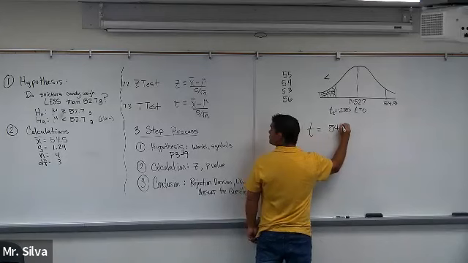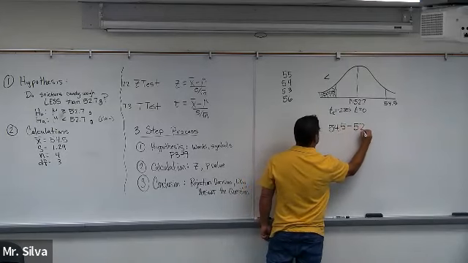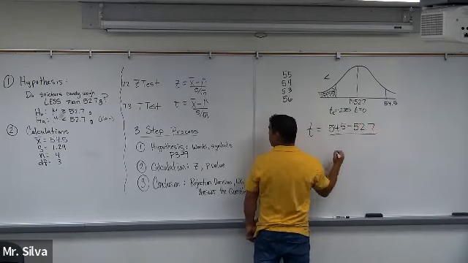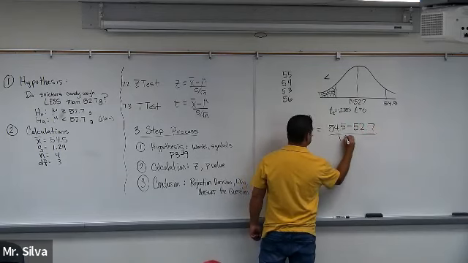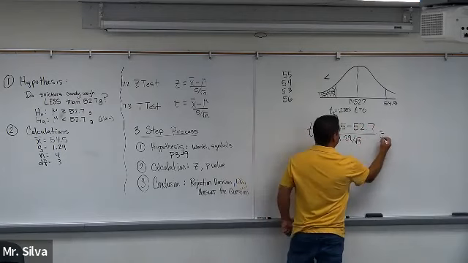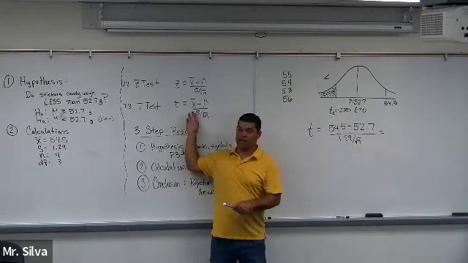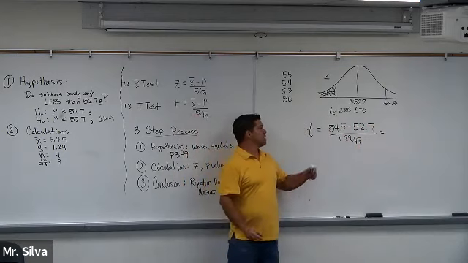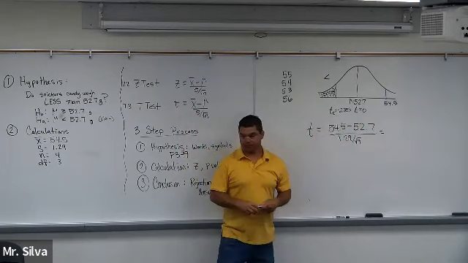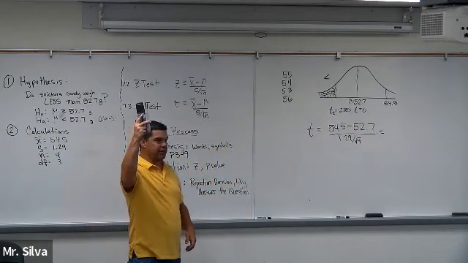54.5 minus population mean 52.7, over sample standard deviation 1.29 divided by square root of 4. This will give me my t statistic. This is called a t statistic when we calculate it. This is called a t critical value. Calculations, calculator.